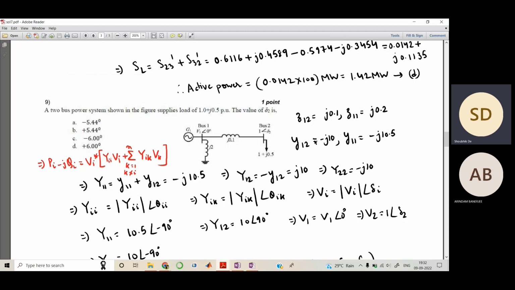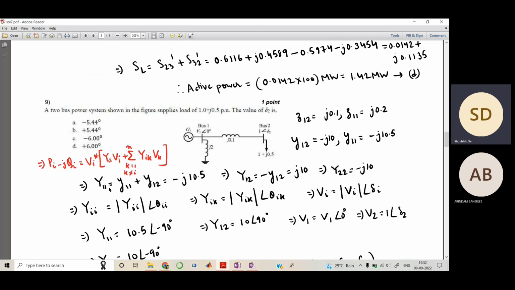Sorry, this would be capital Y1. I made a mistake over here. I will rectify this. Anyways, this is correct.